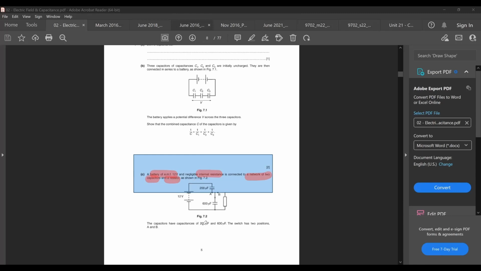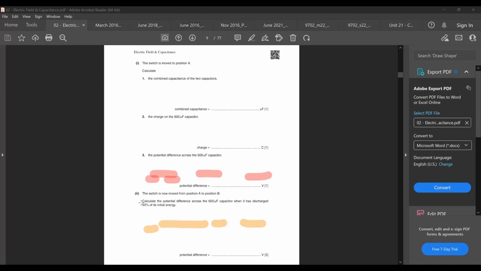The capacitors have capacitances of 200 microfarad and 600 microfarad, and the switch has positions A and B. The switch is now moved to position A. Calculate the combined capacitance of the 2 capacitors, the charge on the 600 microfarad capacitor, as well as the potential difference across the 600 microfarad capacitor.